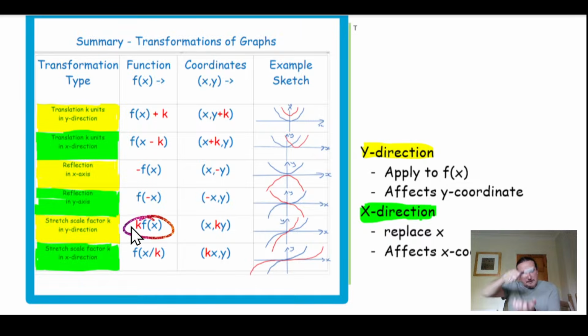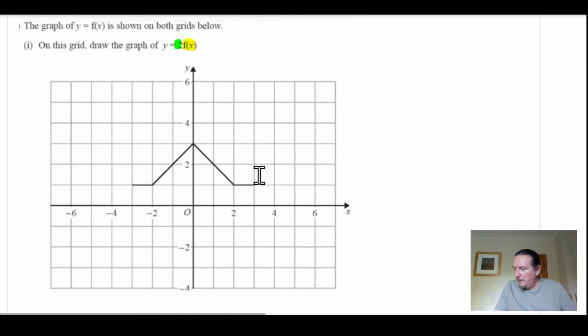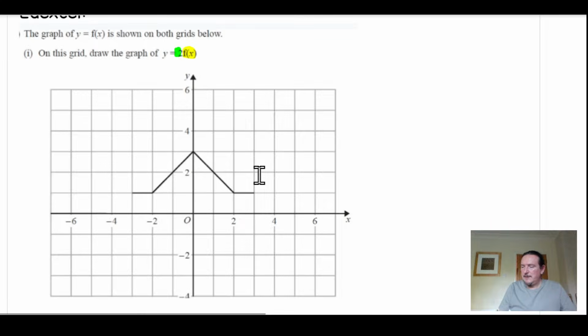So we're going to be taking the graph and stretching it upwards by a scale factor of 2. That means every point on the graph is going to end up twice as far away from the x-axis as it was to start with. So we take each of the points on the graph that you can easily read, and I'd say it's those 5 there, and you're going to move them so they're twice as far away from the axis.